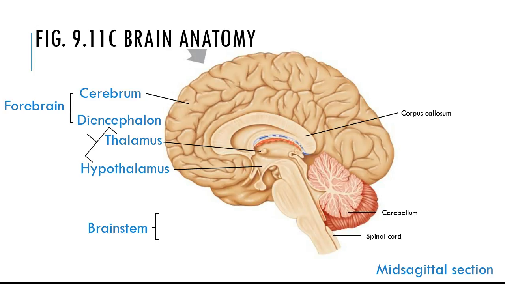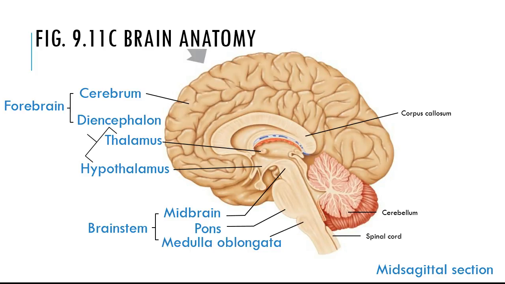You may recall it visually from the dissection, moving a little bit more posterior from the hypothalamus, right below, if you will, the thalamus, is an area called the midbrain. Below it would be an area called the pons. You should have a visual memory of that little swollen area of the brainstem that was branching out. And then below that would be the medulla oblongata.